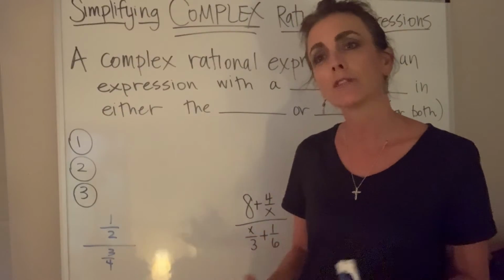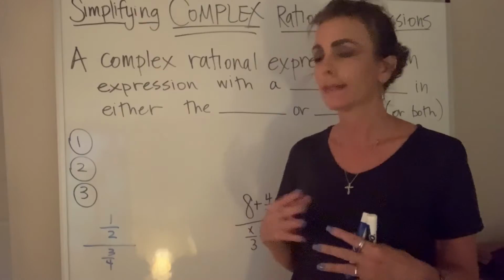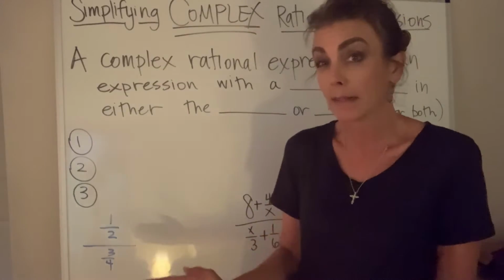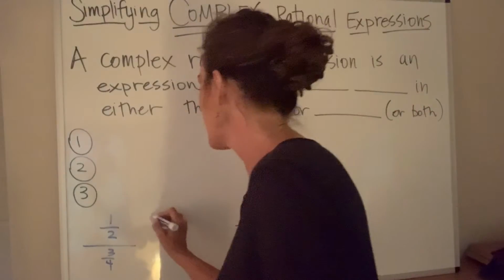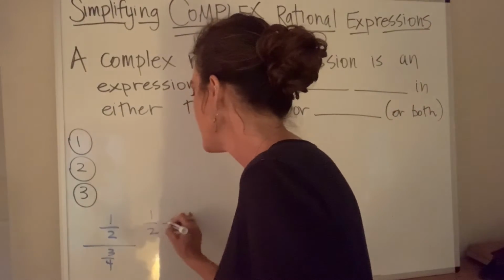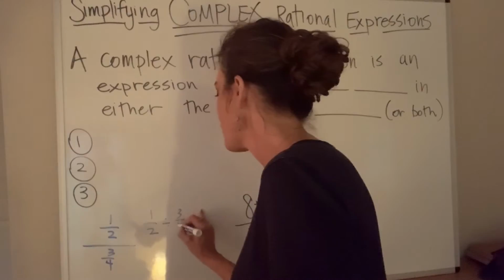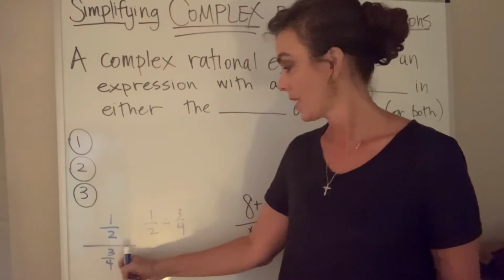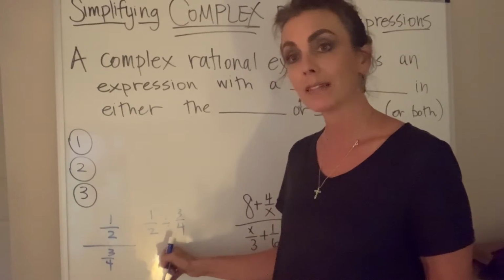And all that means is what we want to do is take this fraction and divide it by that fraction. So it's the same in essence as 1/2 divided by 3/4. Okay, so this complex fraction means the same as this.